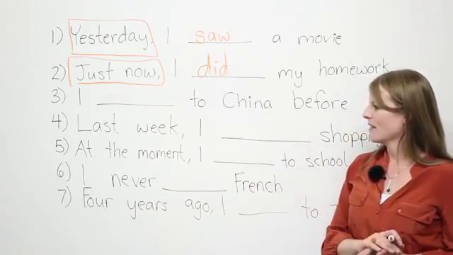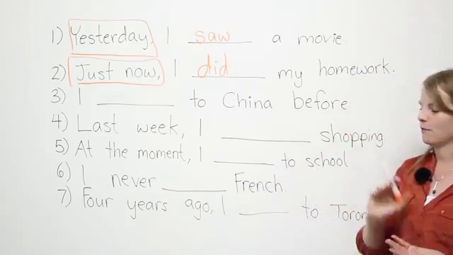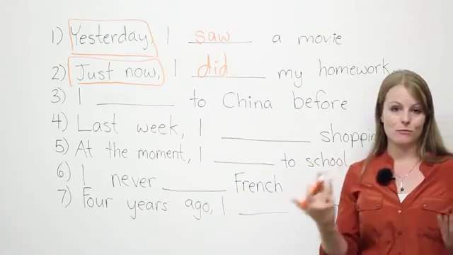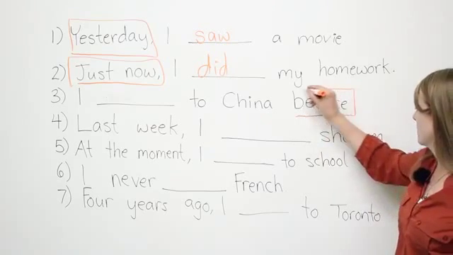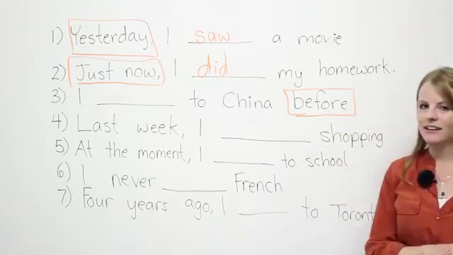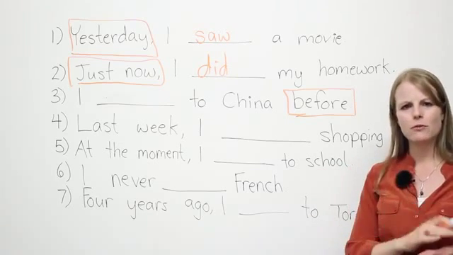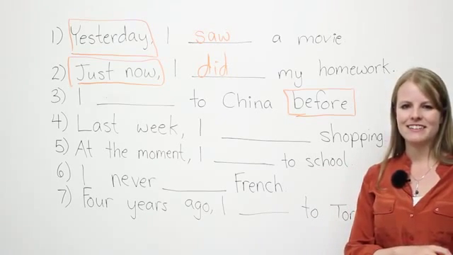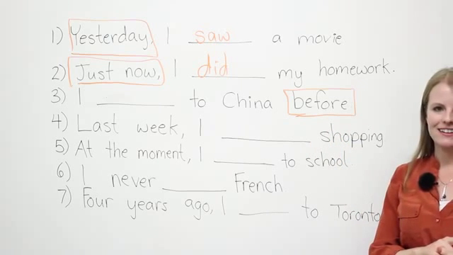Number 3, I to China. Before. What's our time expression here? We have the word before. Here is our clue. Was before one of the words on the list? Do you think I went to China before?